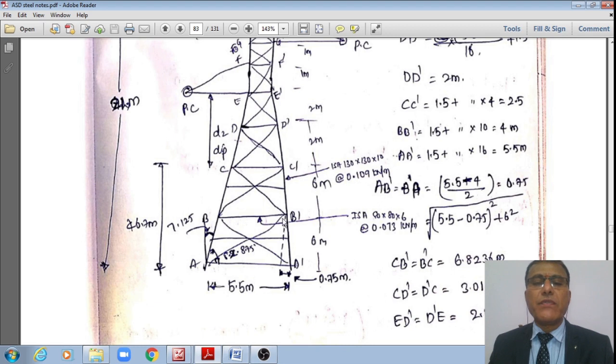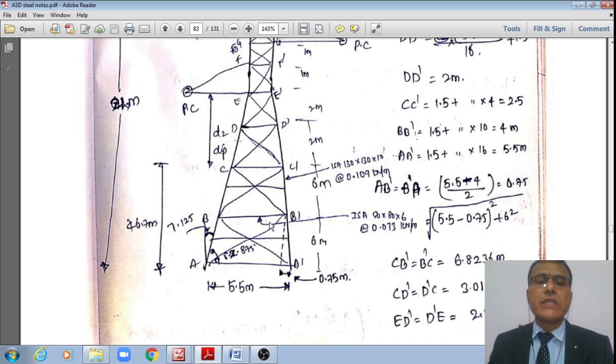Therefore, there is 1.5 divided by 2. If I take a vertical, I have a 0.75 offset here. Even if I take a vertical here, I do have a 0.75 offset. Therefore, there is a perfect right angle triangle. Therefore, AB prime is equal to, now, 5.5 minus 0.75, meaning 4.75, whole square, plus 6 meter whole square.